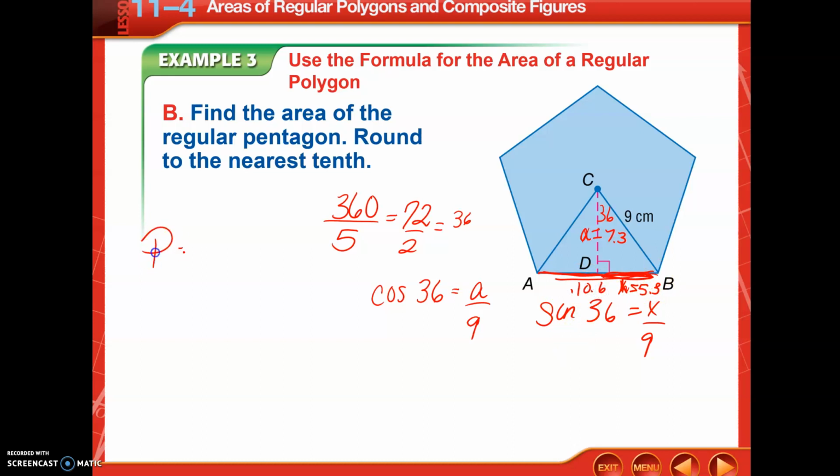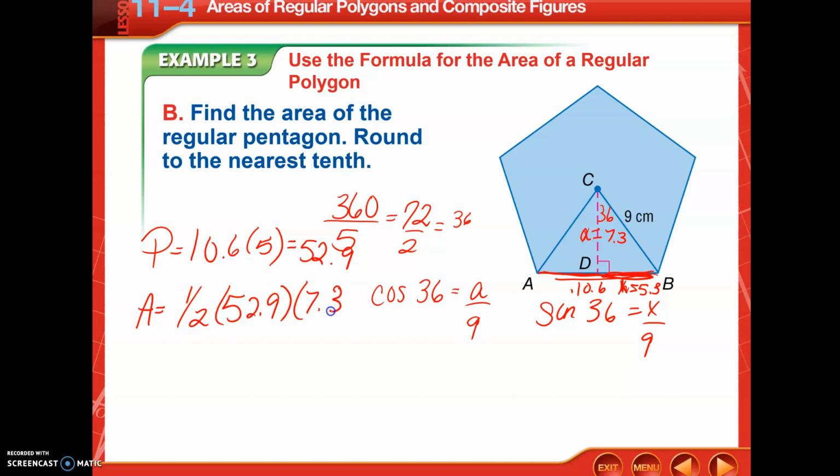So my perimeter equals 10.6 times 5, 52.9, and my area then is 1/2 perimeter 52.9 times my apothem 7.3.